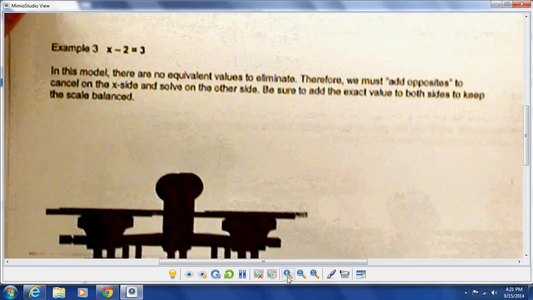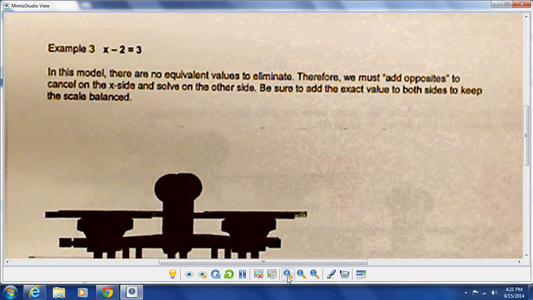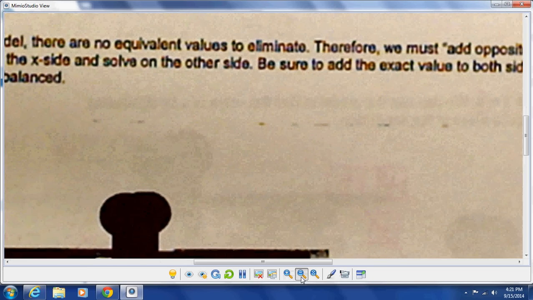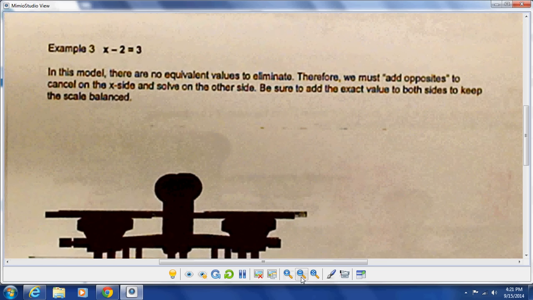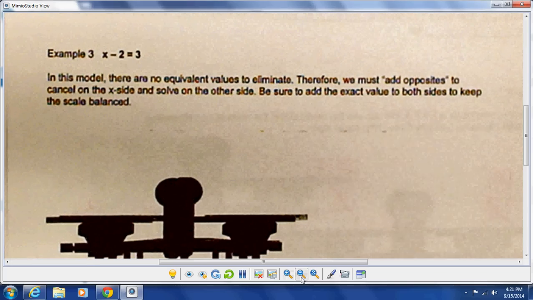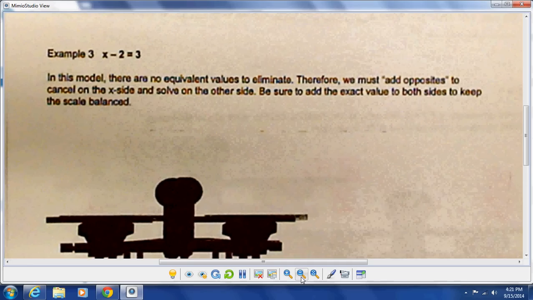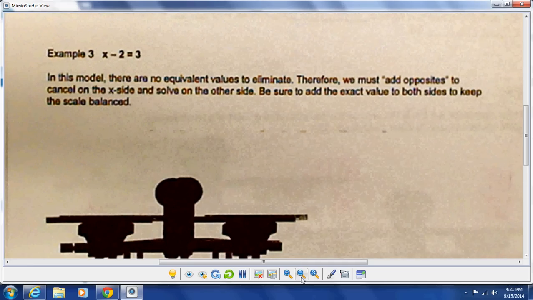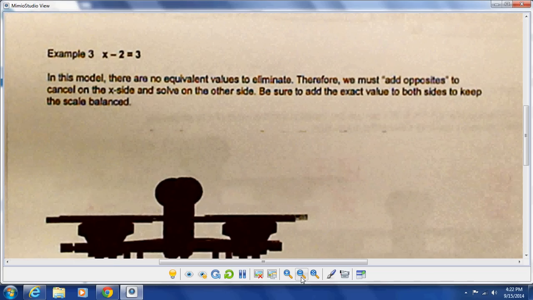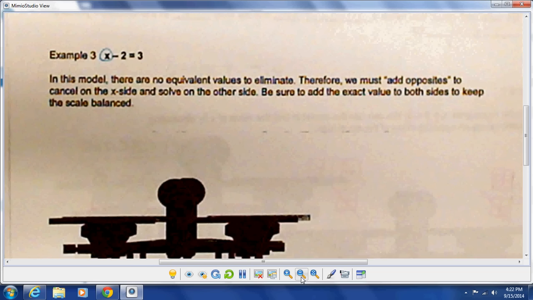Okay, let's look at example 3. Now in example 3, this time we have a subtraction equation. But notice, if I start to group my numbers, remember, I'm doing my variable in the blue color.